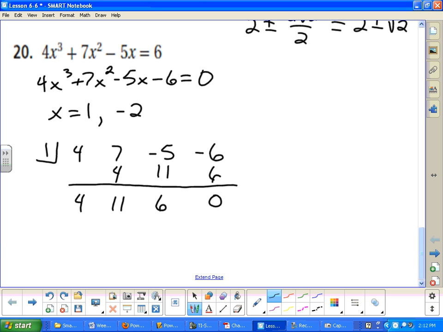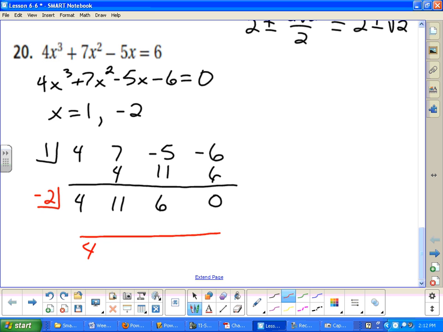It was a cubic, then division, it's now a quadratic. It would be 4x squared plus 11x plus 6. But I know this other 0 of negative 2. So then I can put negative 2 in here with these numbers, and it'll take this quadratic and reduce it down to a linear.